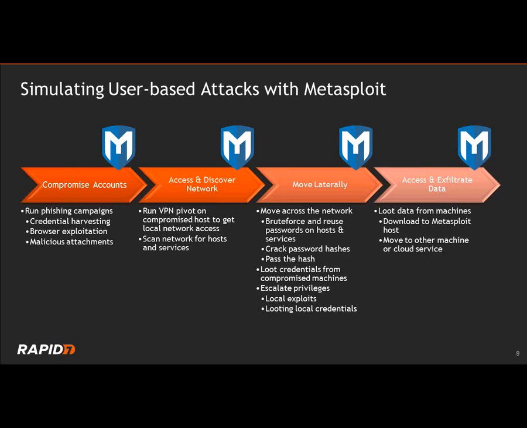Then for moving laterally, we can brute force passwords on the network, on all different kinds of services: Windows passwords, Unix passwords, databases, but also things like VNC, PC Anywhere, all the remote access solutions and remote management solutions that you might have on your network.